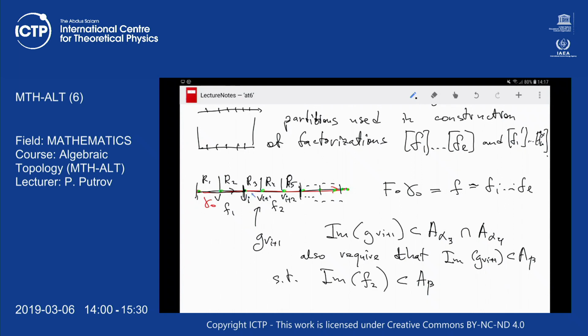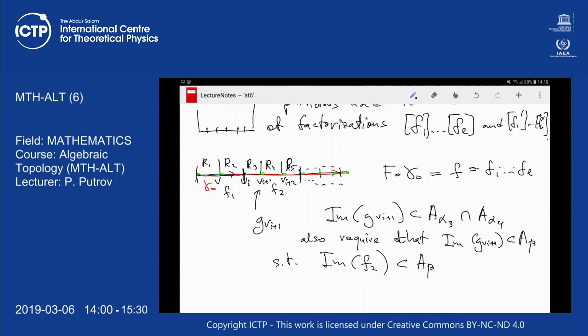So each small path here, F1, F2, and so on, is contained in a certain open set in our cover. And so we can always choose the path GB corresponding to this vertex to be contained in all three of them because of the condition that any triple is path connected. So we can choose that it belongs not only to the open sets corresponding to these two rectangles, but also to the open set corresponding to this path here.